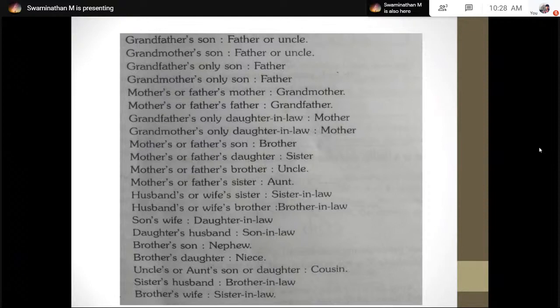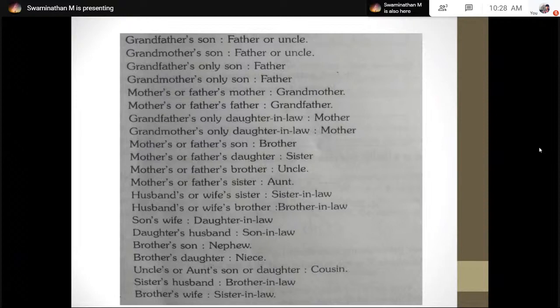So I have put a snap here. Grandfather's son is your father or uncle. Grandmother's son is also your father or uncle. So if it is grandfather's or grandmother's only son, it means he is your father.